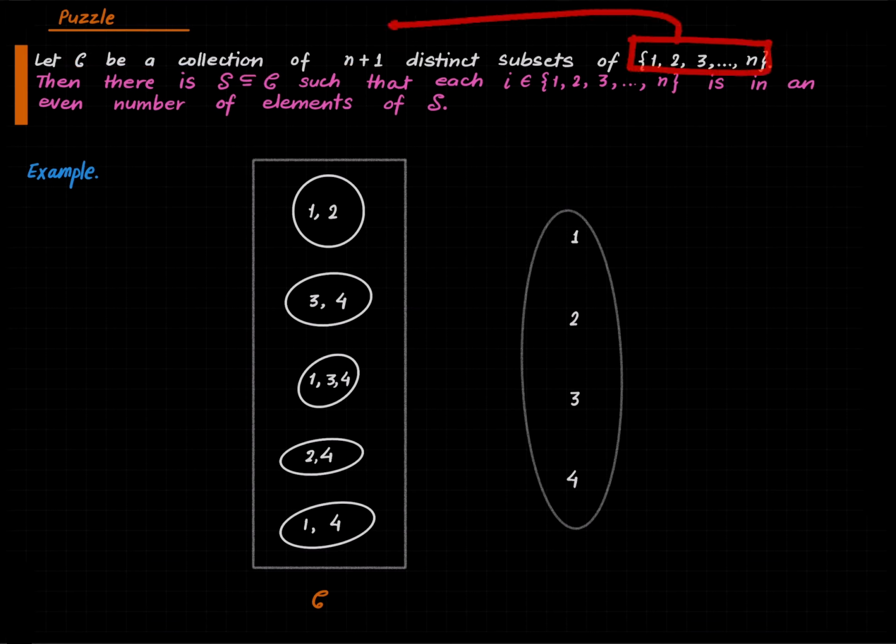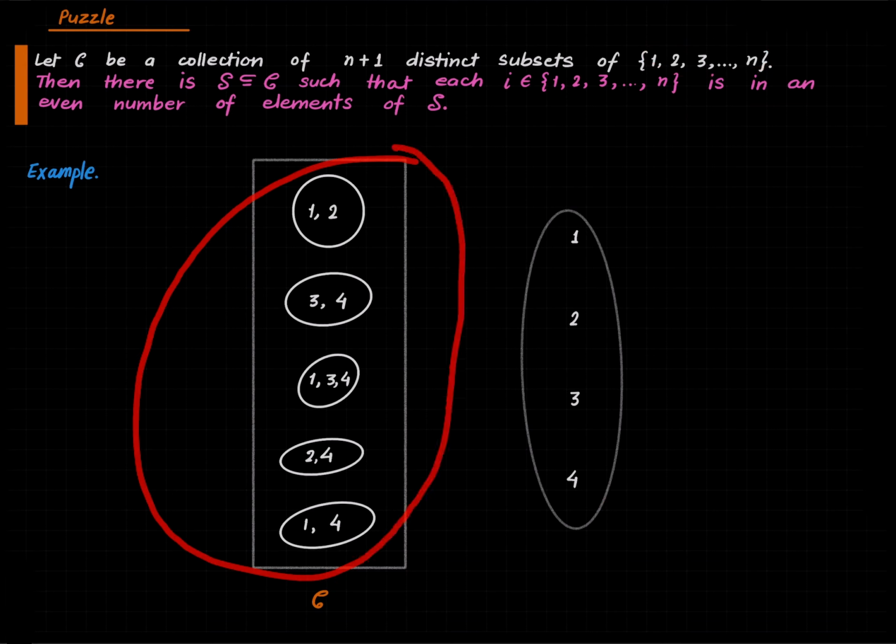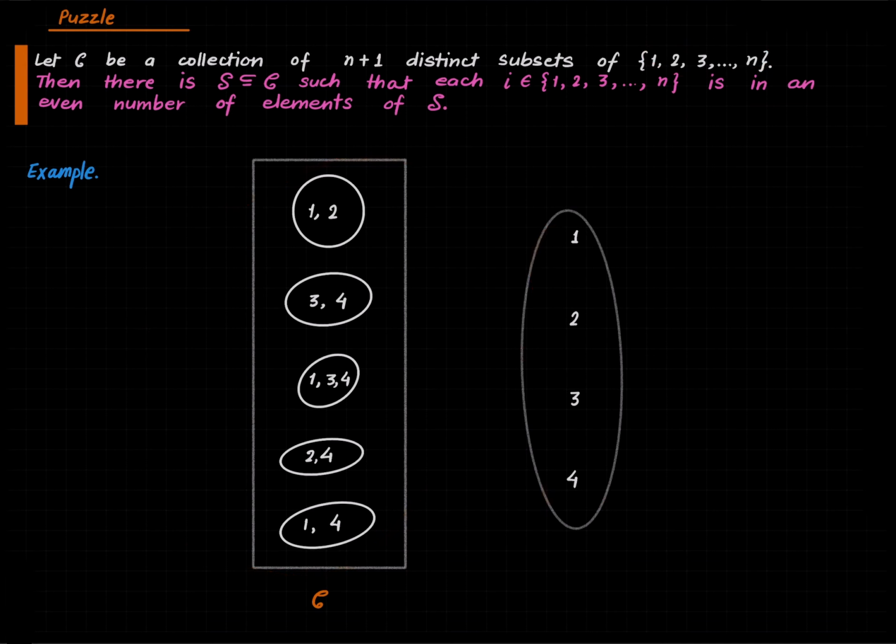We collect some subsets of it, call that collection script C, and assume that the collection has exactly n plus 1 things in it. For example, if n is equal to 4, then this set becomes equal to that. And here we have a collection of subsets of this particular set, where this has size 1 more than the size of this set.